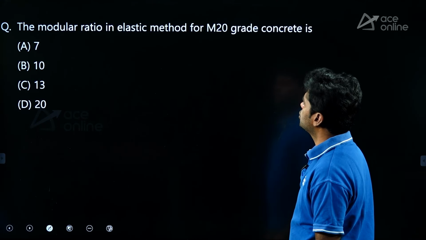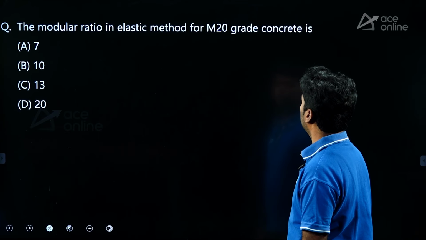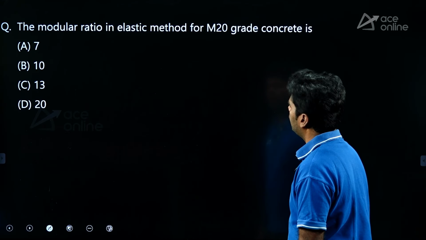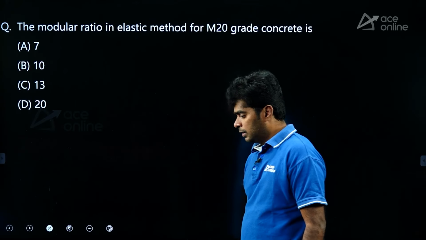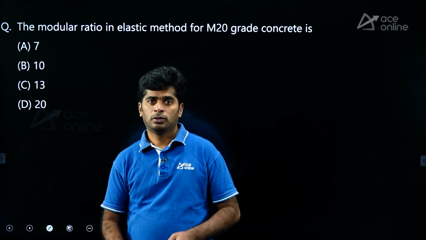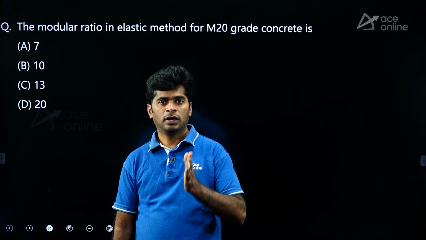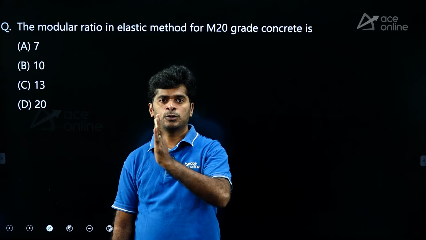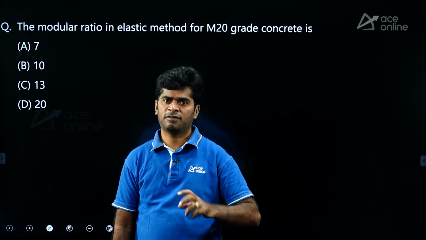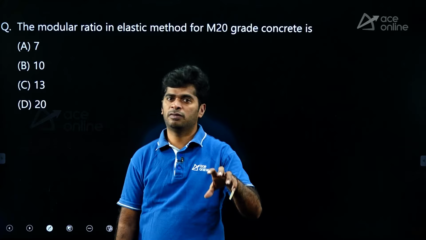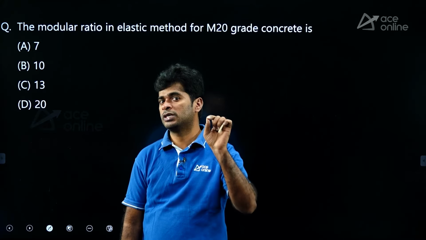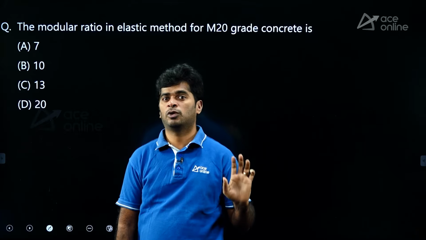The modular ratio in elastic method for M20 grade concrete is, options given A, B, C, D. See, the modular ratio definition is highest Young's modulus to least Young's modulus. This is the general definition we follow under elastic theory, but in working stress method we don't use the Young's modulus of steel to Young's modulus of concrete.